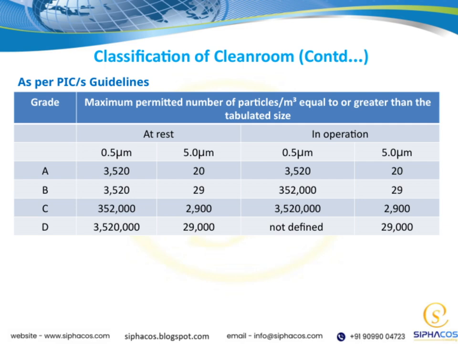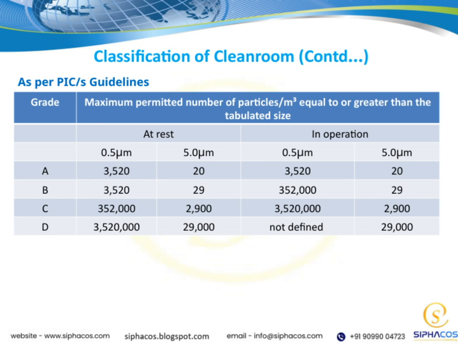For grade C, the limits are much higher, reflecting a lower level of cleanliness. At rest, you can have up to 352,000 particles of 0.5 micrometers or larger, and 2,900 of 5 micrometers or larger. In operation, these numbers increase significantly, to 3.52 million for the smaller particles and 2,900 for the larger ones.